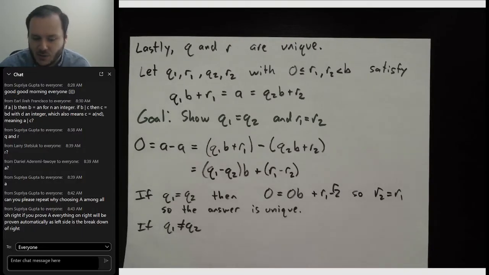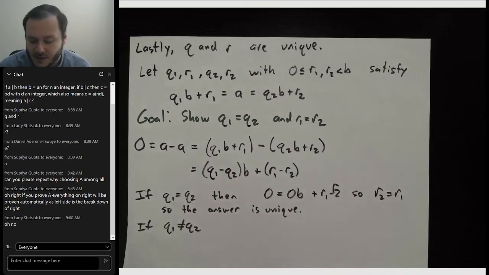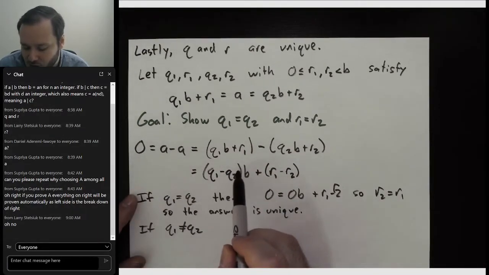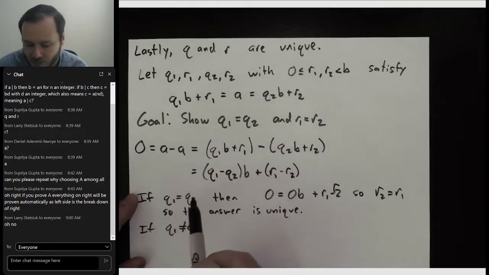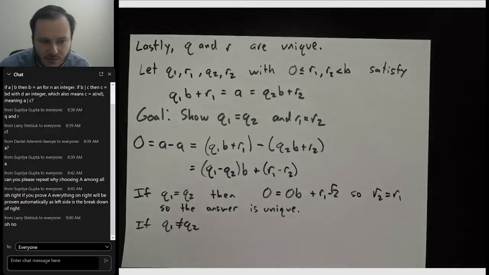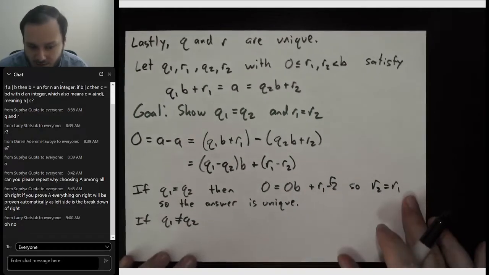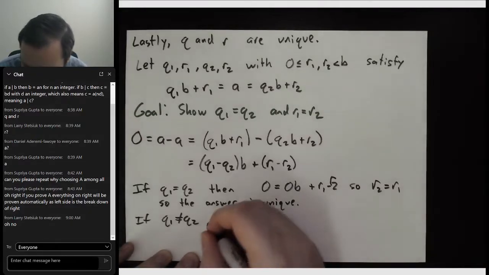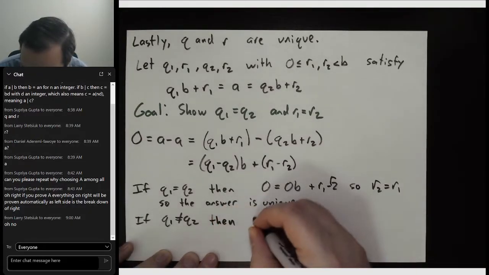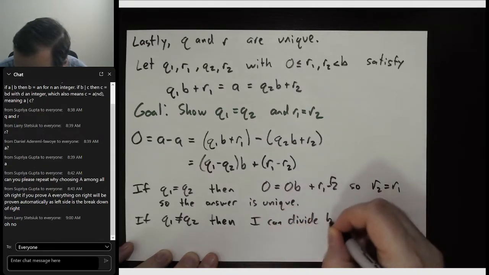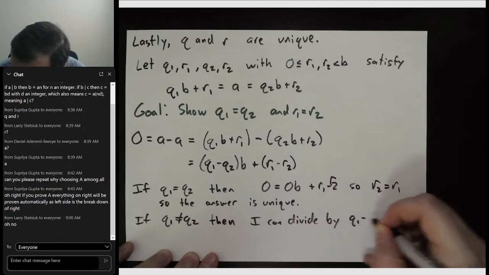If two things are not equal, then you're allowed to divide by their difference. Right? In this case, I can't divide by Q1 minus Q2 because they're equal, and you're not allowed to divide by 0. But if they're not equal, then I'm allowed to divide. So if Q1 is not equal to Q2, then I can divide by Q1 minus Q2.